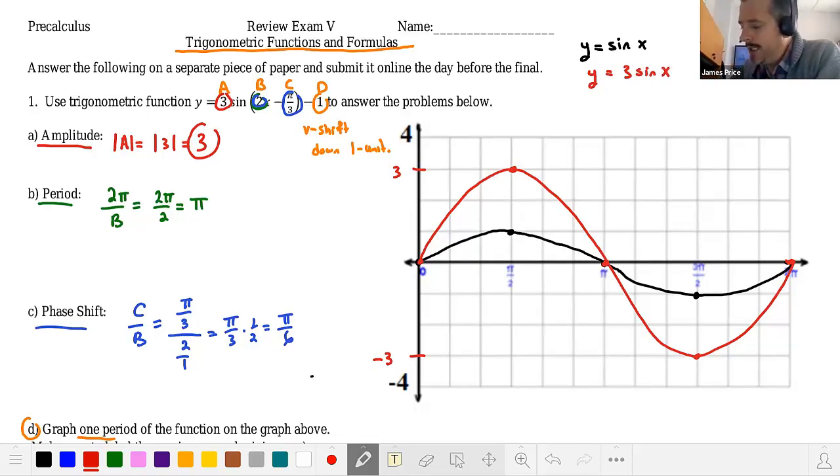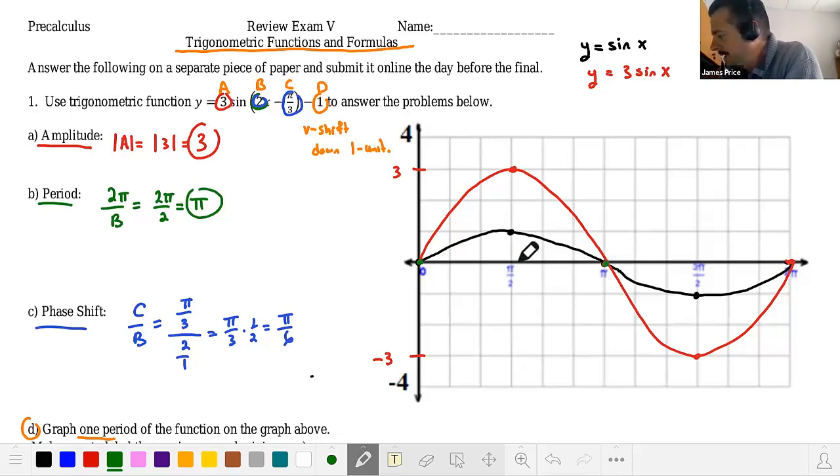And now we can take in this period adjustment. So the period is pi. What that does is it shrinks or compresses the graph horizontally into pi. So you want to go from here to here in one period. Notice this point over here is going to go right there. And so everything else has to be compressed inside of it.